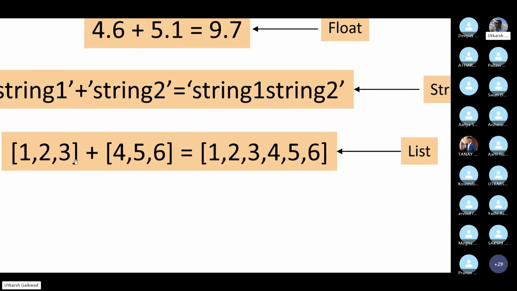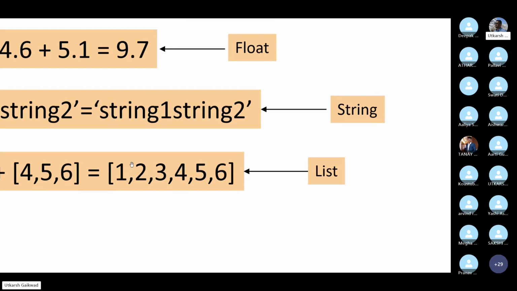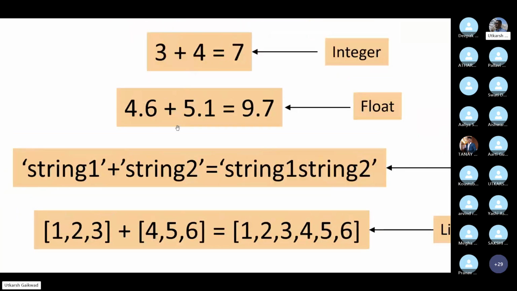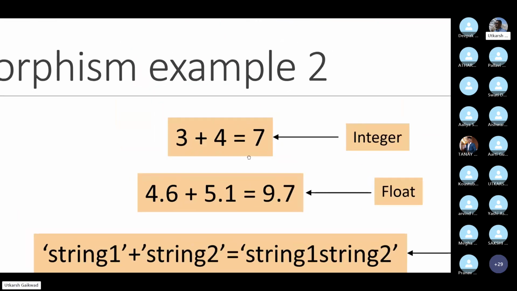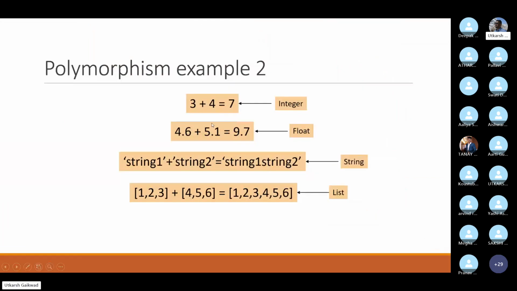If I apply this to lists, 1, 2, 3 plus 4, 5, 6, it will just combine these two lists in Python: 1, 2, 3, 4, 5, 6. So this is how polymorphism works for the plus operator. Even if different classes are there, the plus operator is still giving a result. It is not throwing any error.